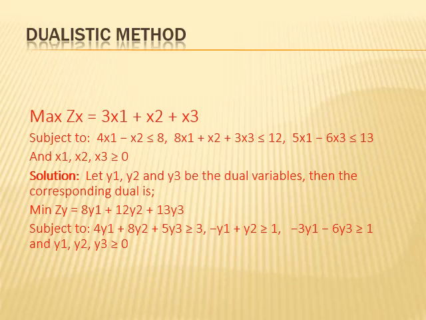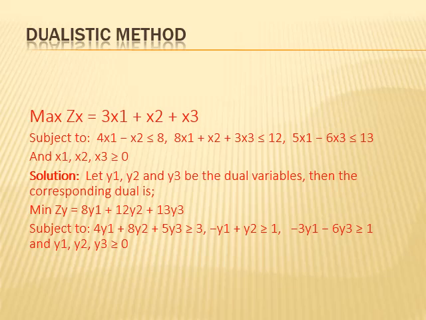Let's see. The first column of the primal contains 4x1, 8x2, and 5x3.